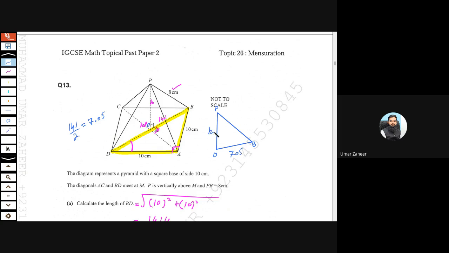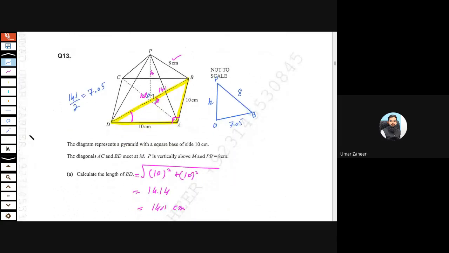This is the height that we need to find, and this is given. So look here, we have two sides and we need to find the third one. So we have to apply the Pythagoras theorem again. Which side is the hypotenuse here? 8 is the hypotenuse.